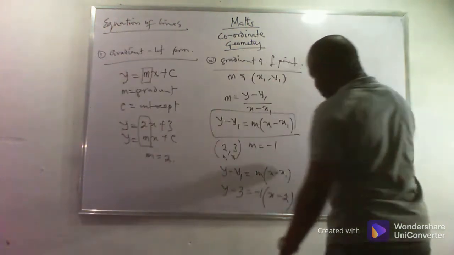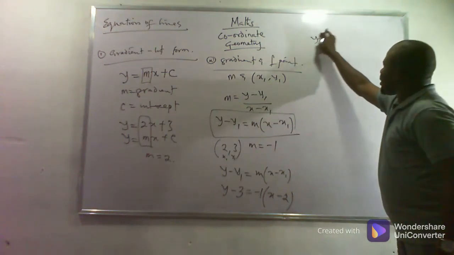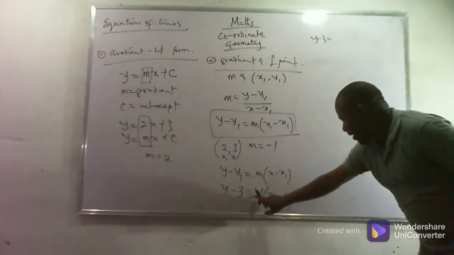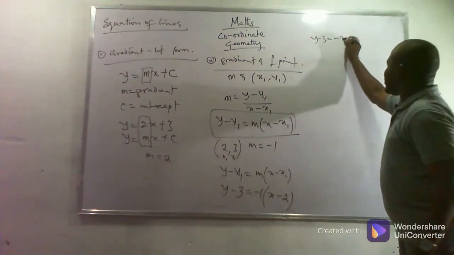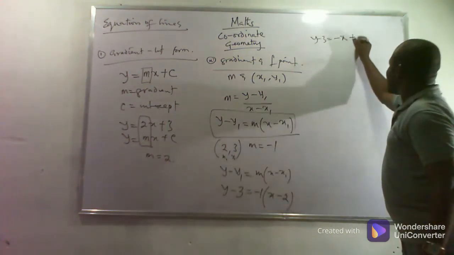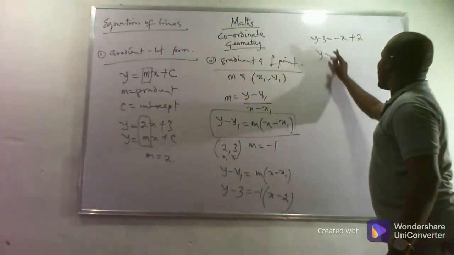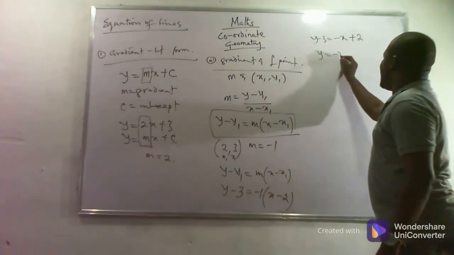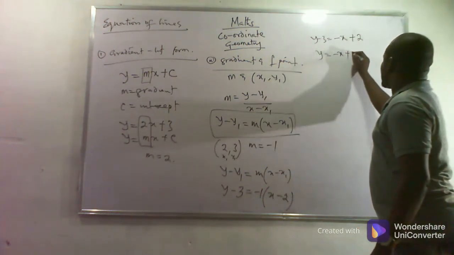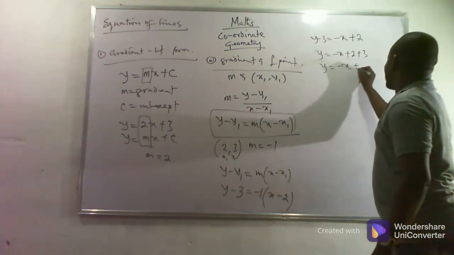So we now open the brackets. We have y minus 3 equals minus 1 times x, that will give me minus x. Minus 1 times minus 2, that will give me 2. So if we collect the like terms, we have y equals, this one moves here, minus x plus 2 plus 3. So y equals minus x plus 5.